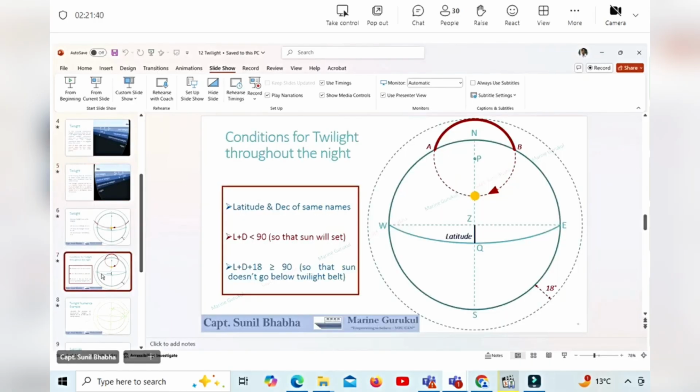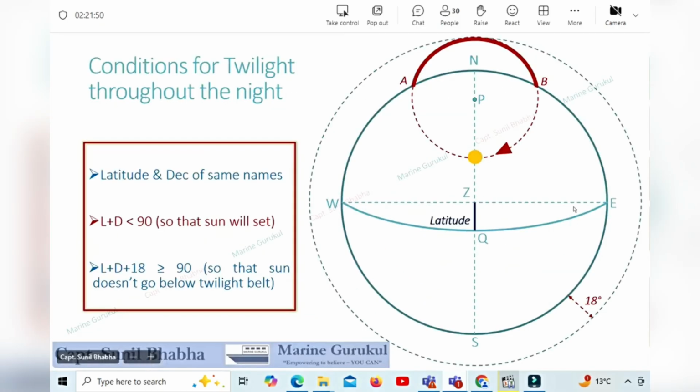Great, beta. So let me now show you one more concept. This is the condition for twilight throughout the night. One more concept which is sometimes asked in the questions is: what are the conditions for twilight throughout the night?